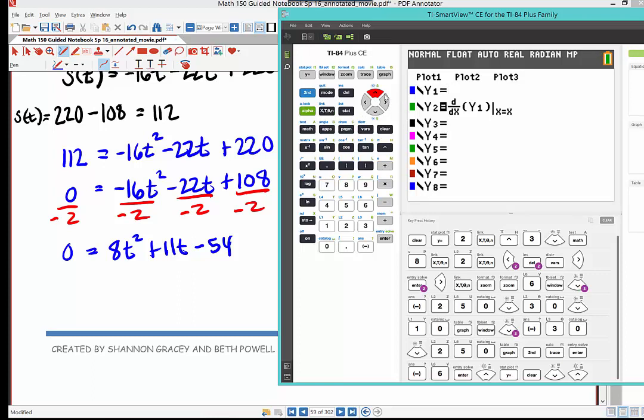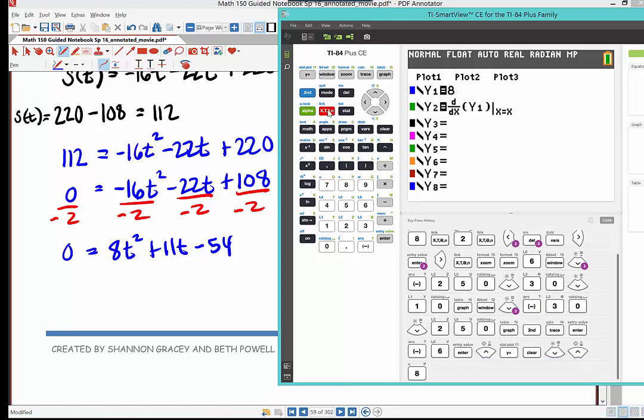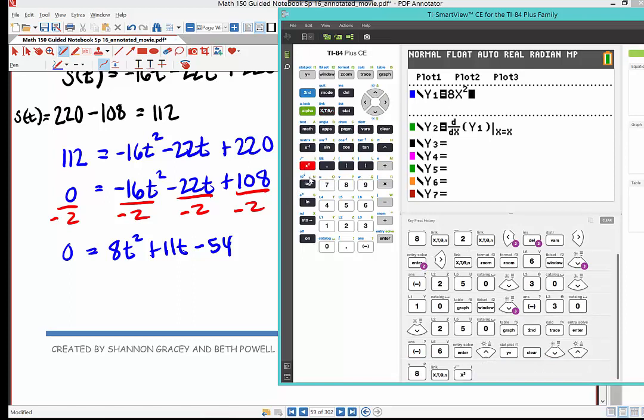So here we've got 8x squared plus 11x minus 54.